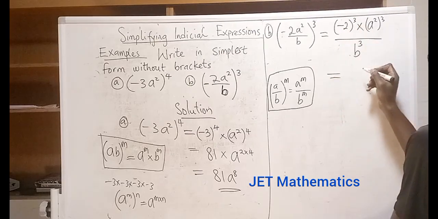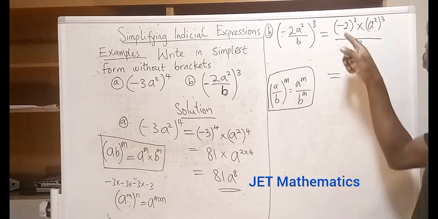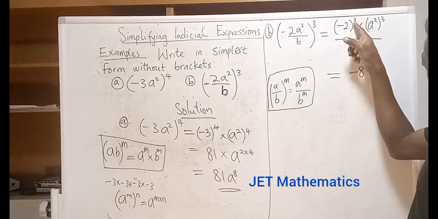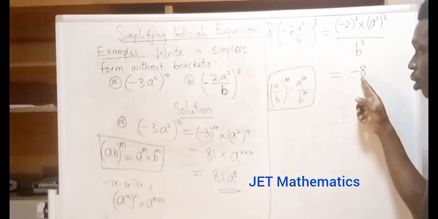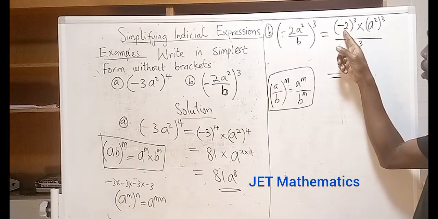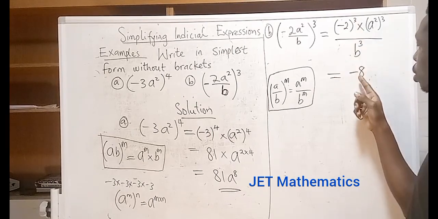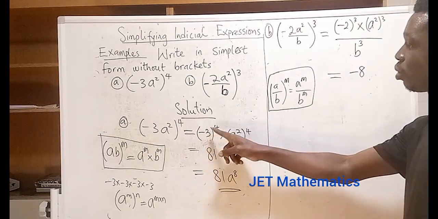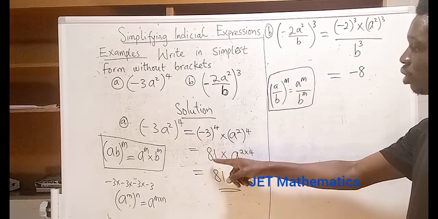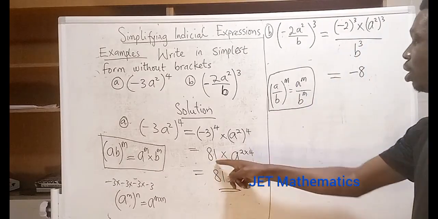Minus 2 raised to the power 3 is minus 8. You see now, a negative number raised to an odd power gives us a negative number. A negative number raised to an even power gives us a positive answer. So take note of these results.